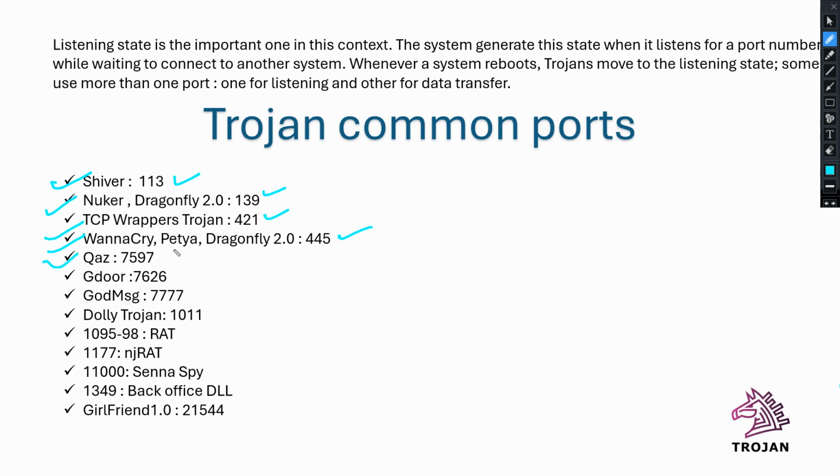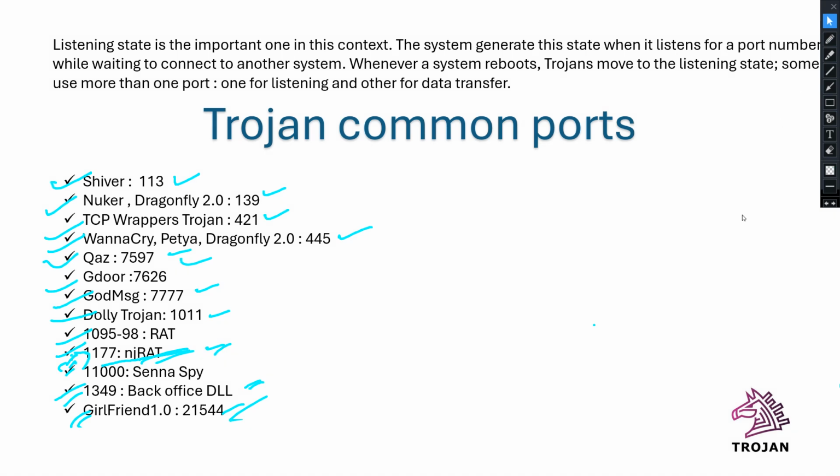Then there are Gold Message, Dolly Dragon, Rat, NG Rat. I did this practical in the labs. NG Rat uses 117. Believe me, Trojan is at the next level. It can do anything in your system. Siemens Spy, Sena Spy, Back Office DLL, Girlfriend.